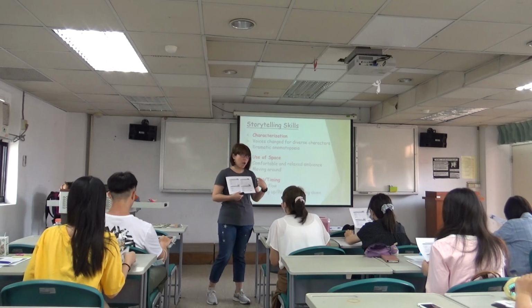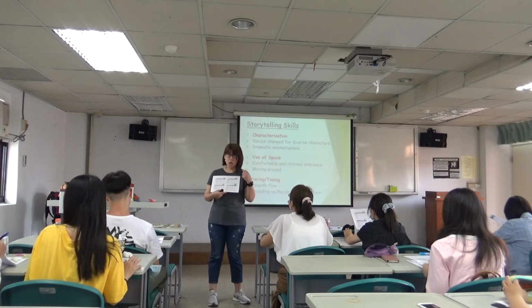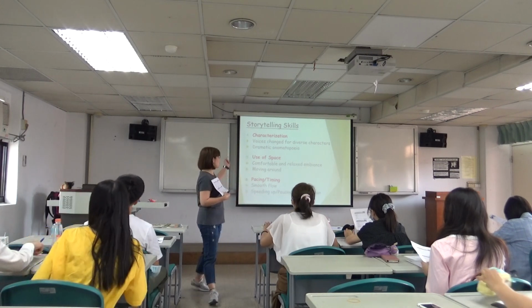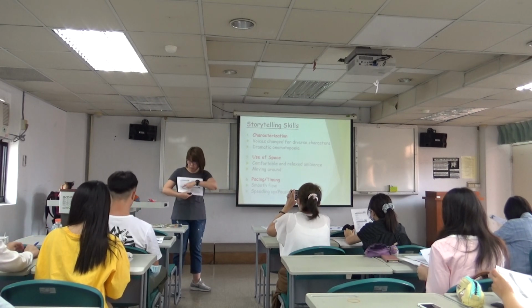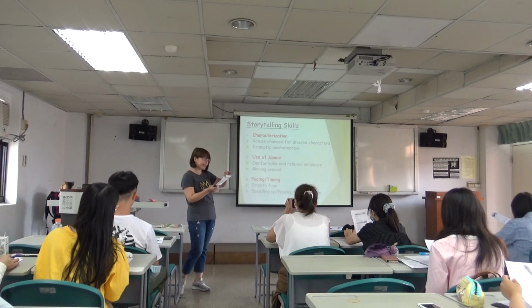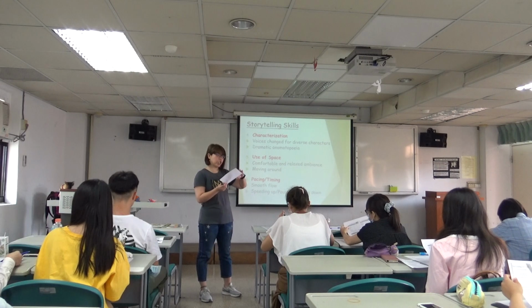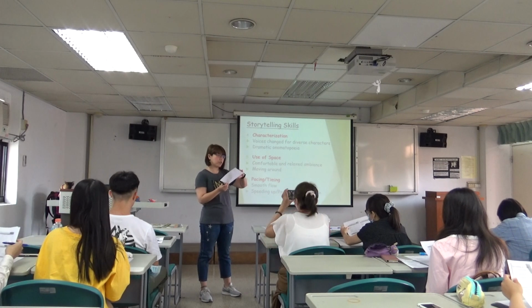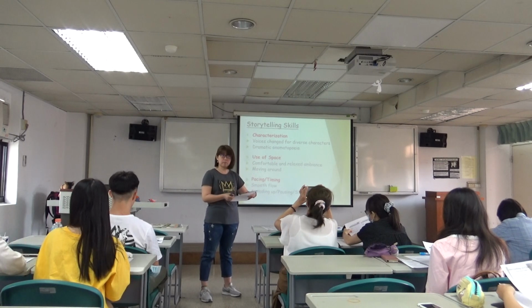While you are listening and observing my storytelling, be sure you are marking the checks according to the rubric and the criteria here. The first one would be voice. The second one, facial expression, body gesture, language, focus, characterization, use of space and time, and pacing.